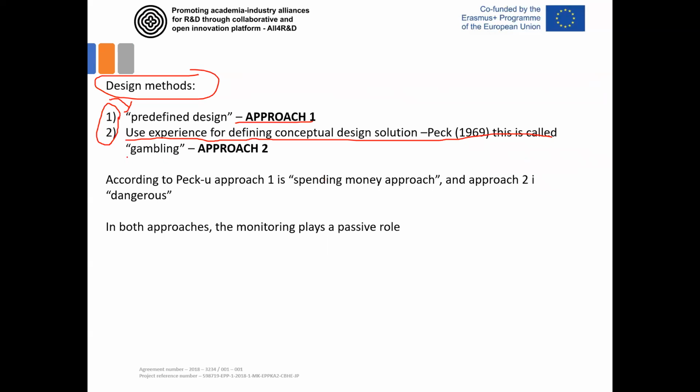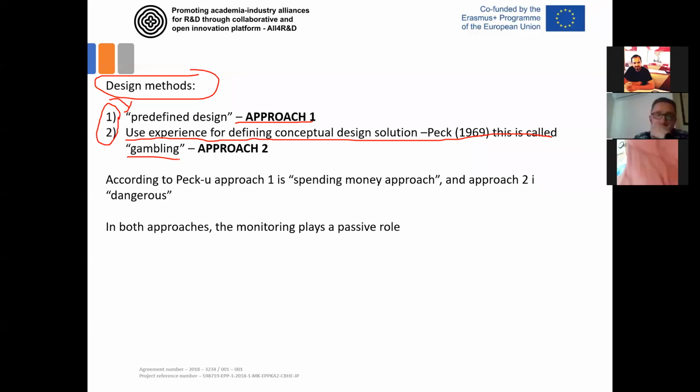According to Peck, this is called gambling. So you just use experience. You say, okay, in these conditions, 5 years ago, I designed the construction like this. We constructed this structure and it behaves well. It's stable. But okay, because I saw that, let me do the same thing here.